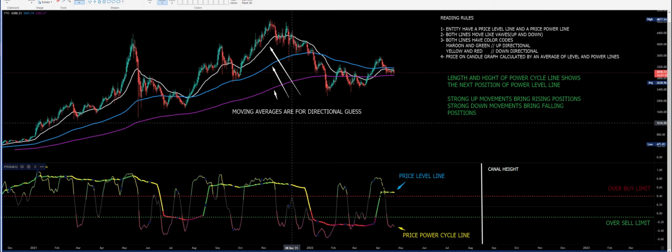So we can guess that it's going to fall down, and our price power cycle is helping us to understand that it's going down because, as you can see, it's not powerful enough like here. It's lesser.